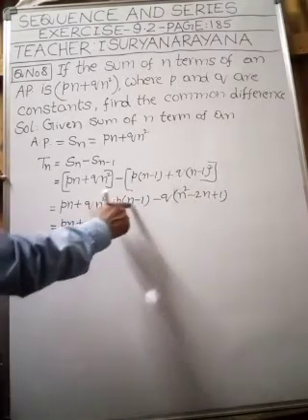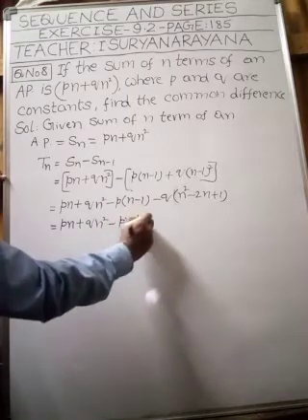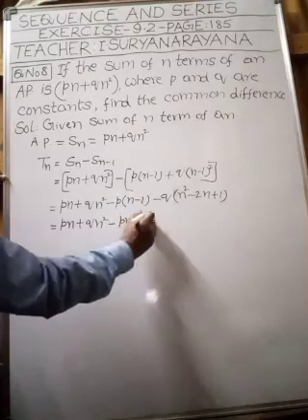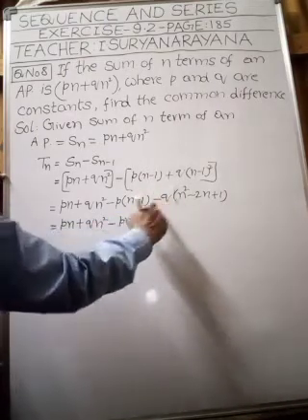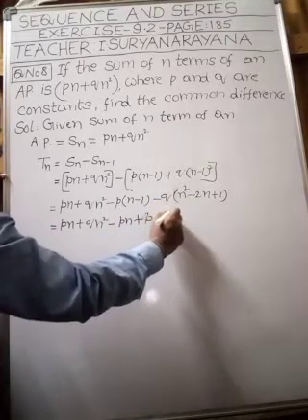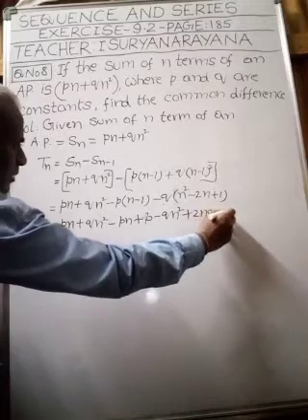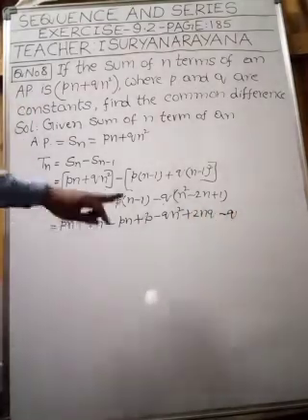Let us use the distributive property. Minus Pn plus P. Understood these two terms, my children? Now let us use the distributive property here also. Minus Qn square plus 2nQ minus Q. Okay, my children? Understood this step?